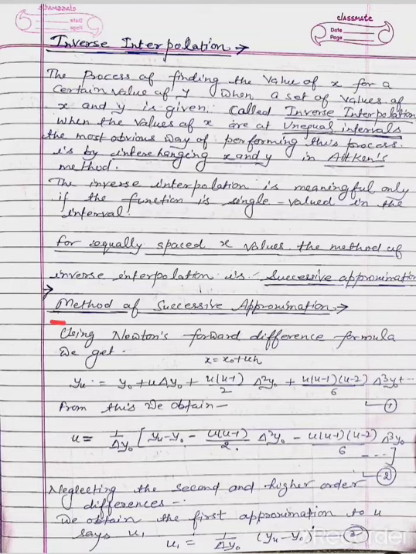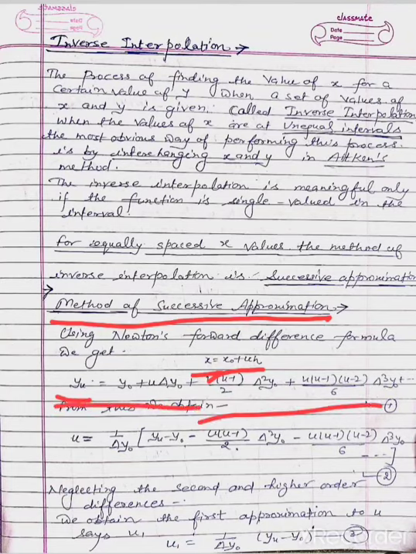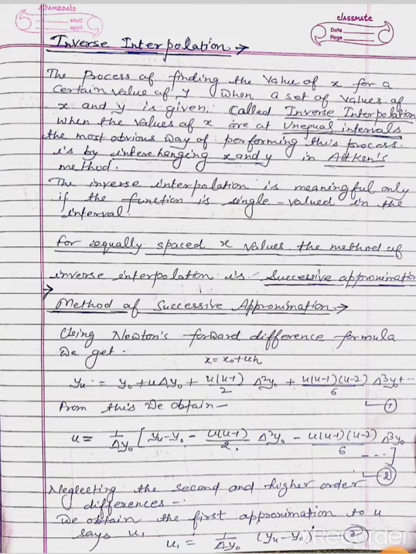So, method of successive approximations. For this, we take Newton's forward difference formula, which gives the value of y at the point x, defined as x0 plus uh, by this series: yu equals y0 plus u multiplied by delta y0.